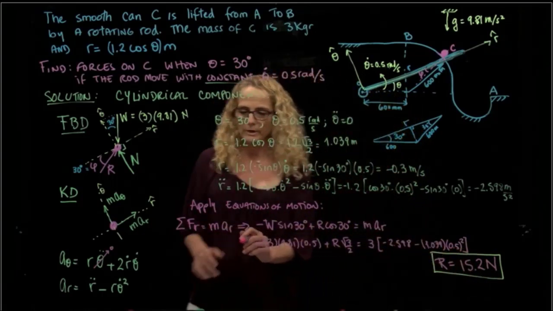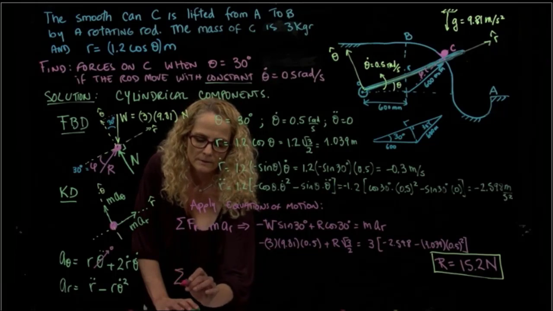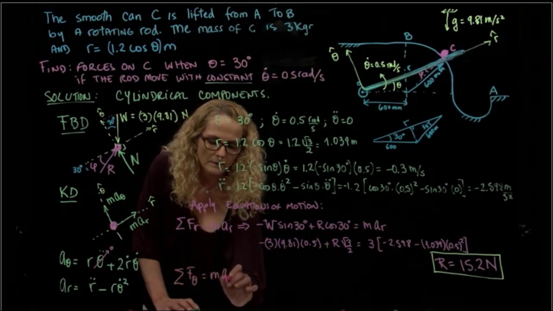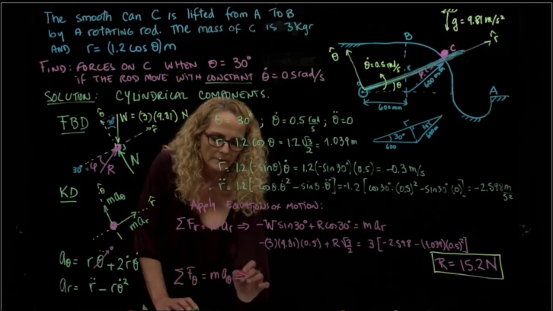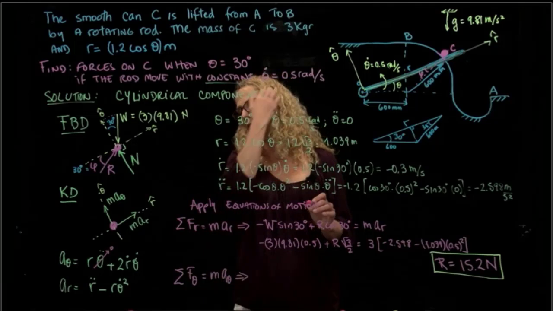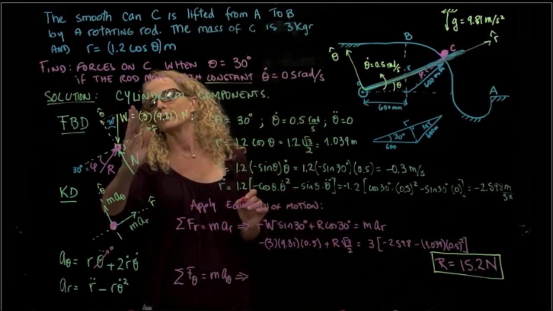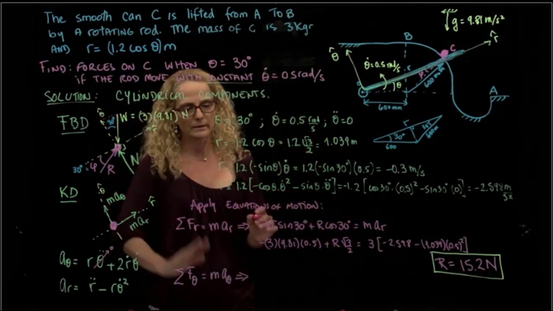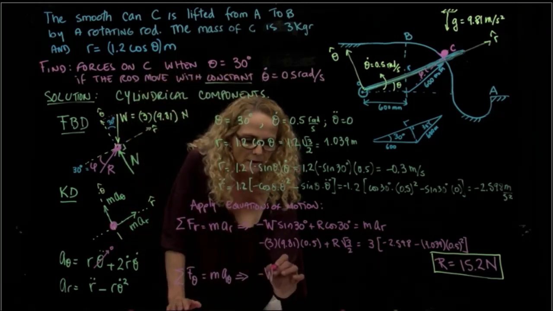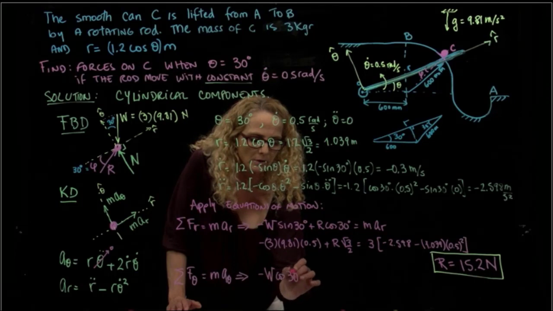And then if we add forces in theta, m a_theta, we got. What do we have in theta direction? So in theta direction, we have the weight cosine, right? And it's negative, that goes in the negative direction, weight cosine of 30.